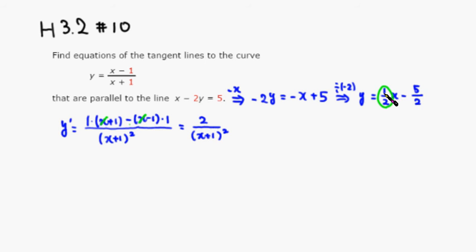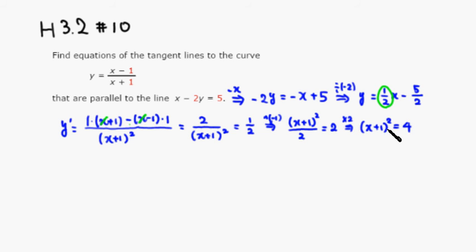Then we want to find the x value which makes this derivative equal to 1/2, since the slope is equal to 1/2. So I'm going to set this equal to 1/2. The first step is to take the reciprocal of both sides, so put everything upside down. So x plus 1 squared over 2 is equal to 2. Then multiply both sides by 2, so we have x plus 1 squared is equal to 4.